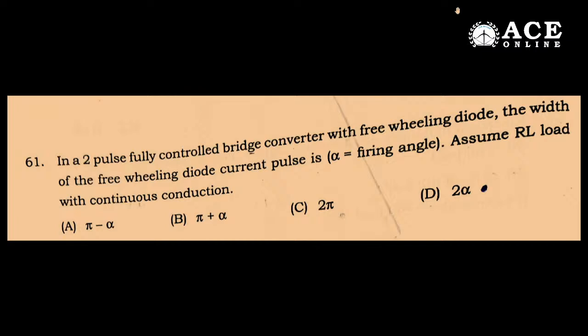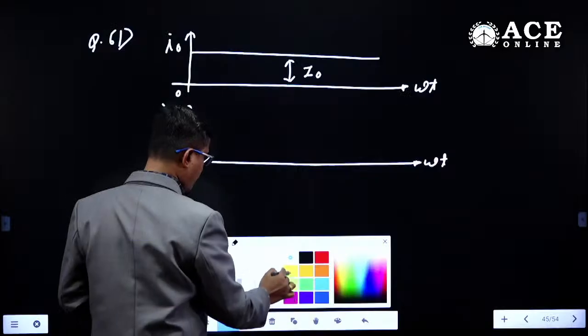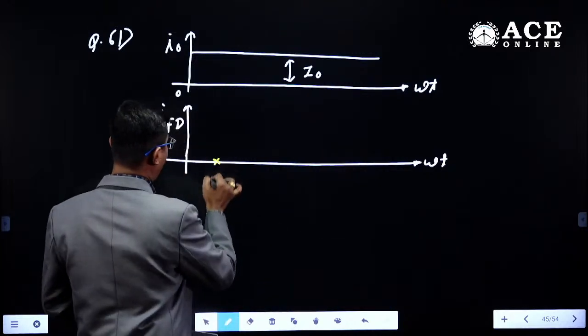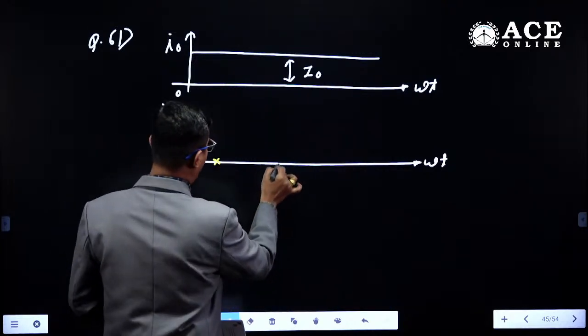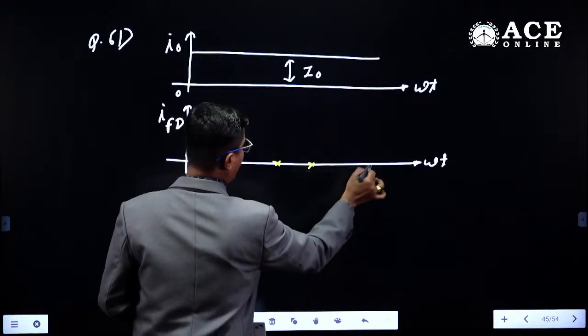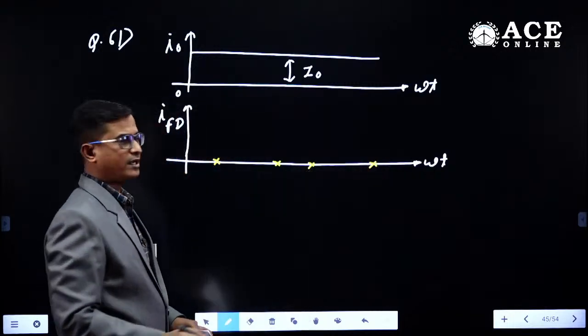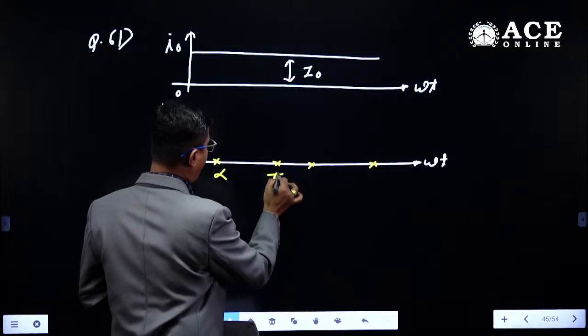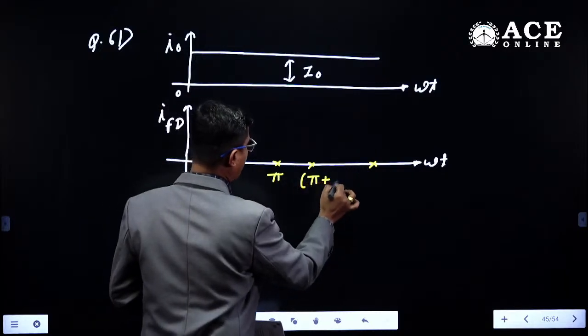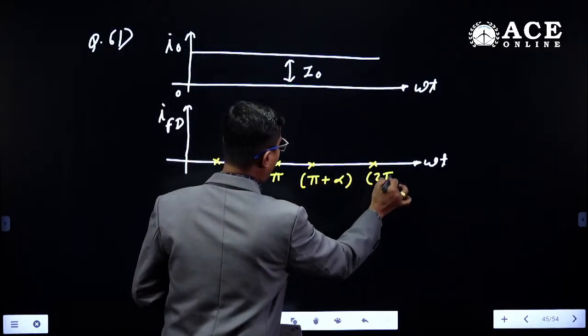Current flowing through the freewheeling diode, IFD, let me write. During omega t equal to 0 to alpha, alpha to pi, pi to pi plus alpha, to 2 pi. So it is like alpha, pi plus alpha and 2 pi.